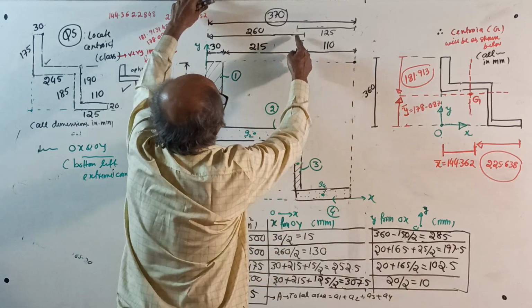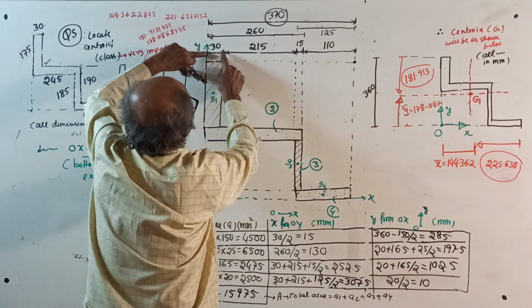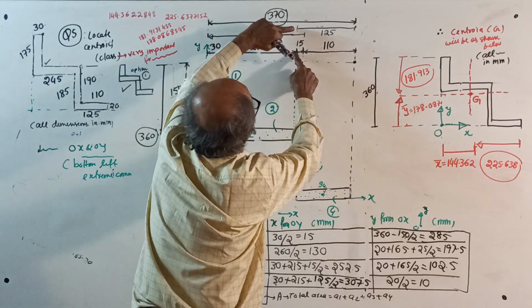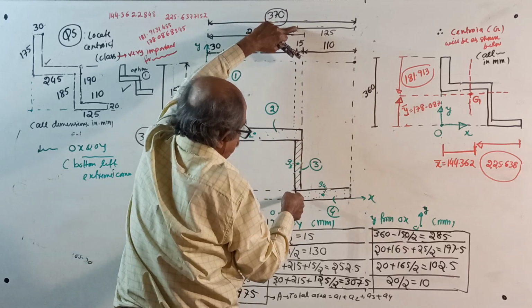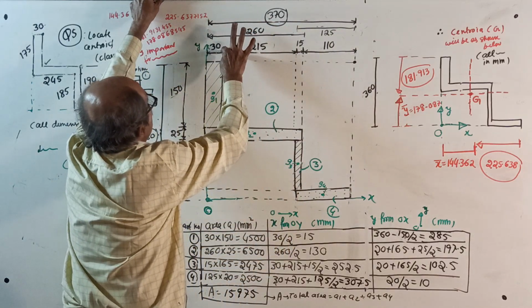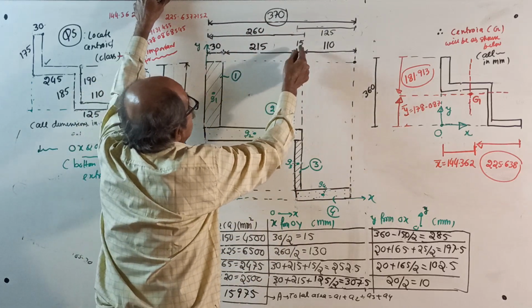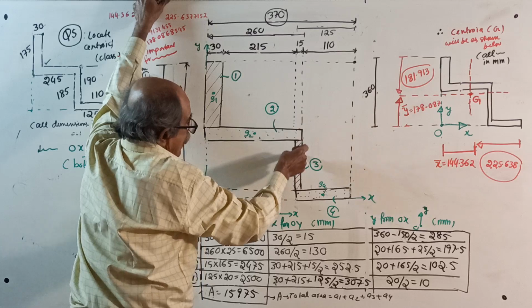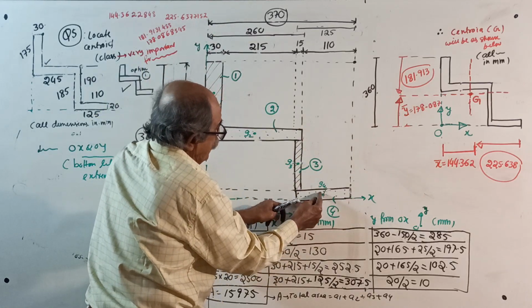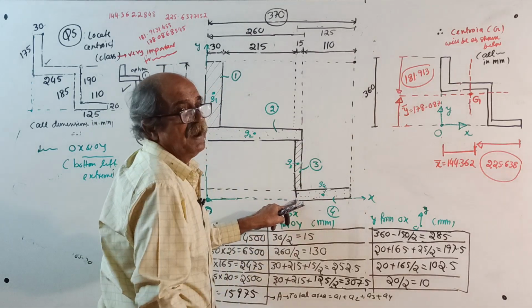Yes, up to here, see, correct. 30 up to here plus 215 is up to here. 30 plus 215 will give you up to here. Then this is 125. Midpoint of 125 is 125 by 2.